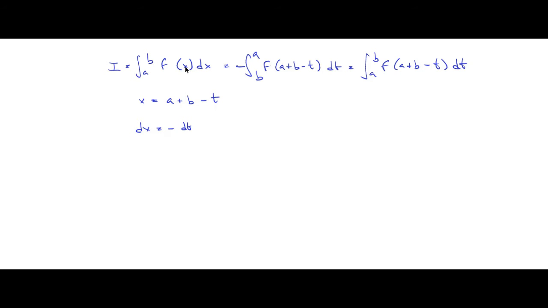This and this thing is the same, so we have the integral I, or if you want, my integral from a to b of f. So I is not a function of x, sorry. Let's just write this. This is 1/2 of the integral from a to b of f of x plus f of a plus b minus x dx.